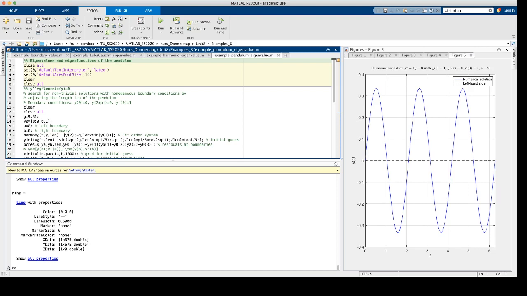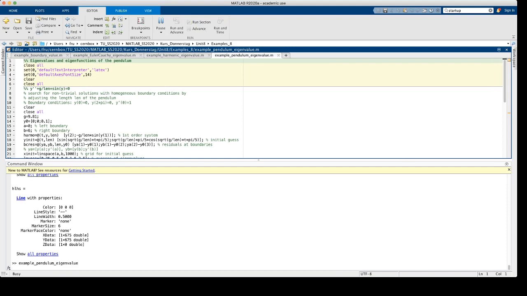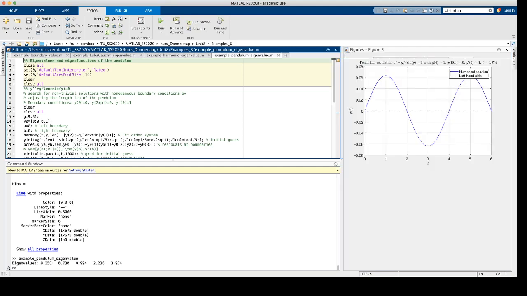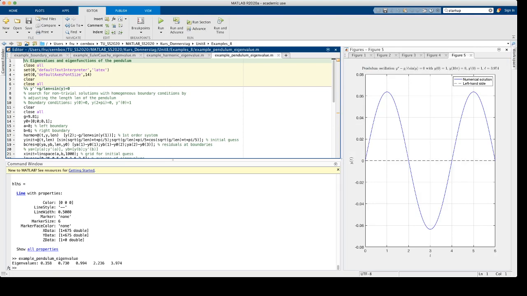Let's run through the script. Actually, the right boundary is not 2 pi, but 6, exactly 6.